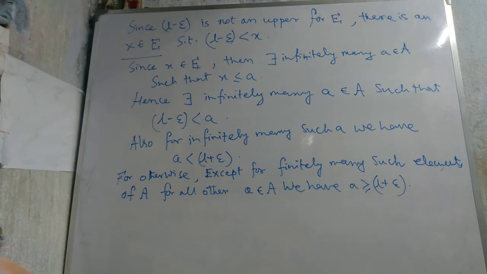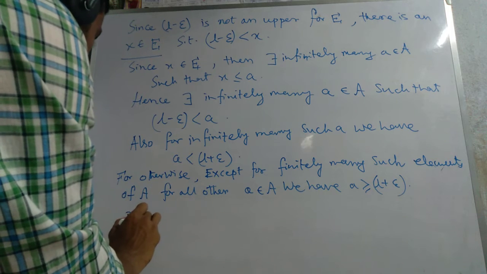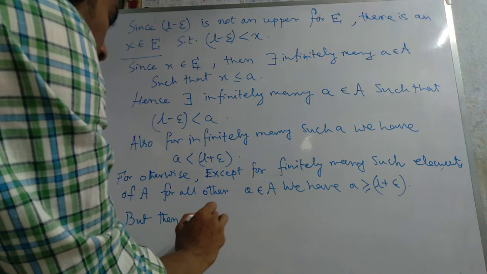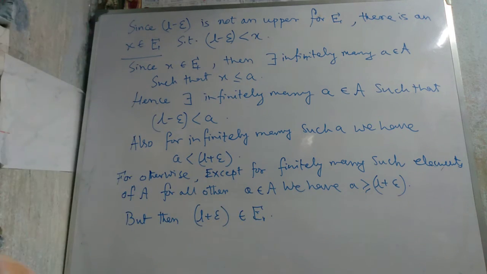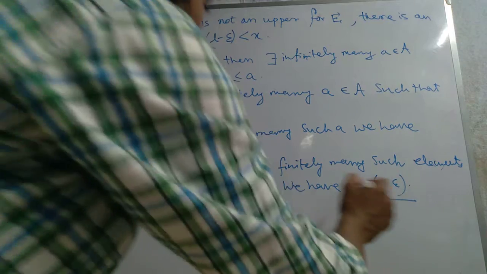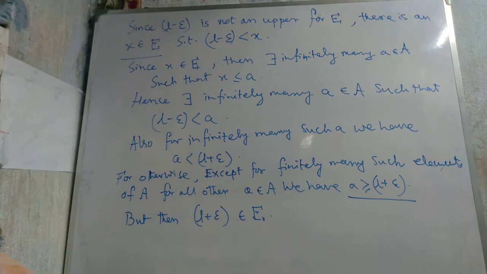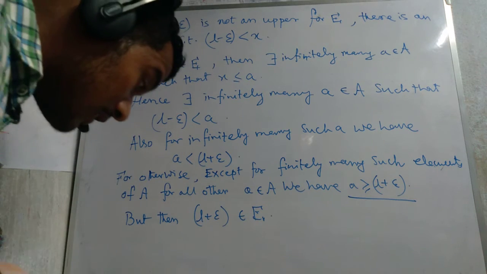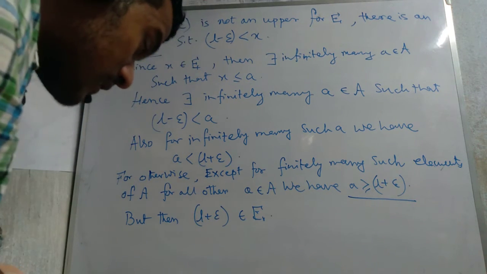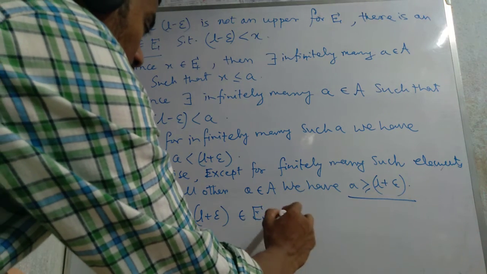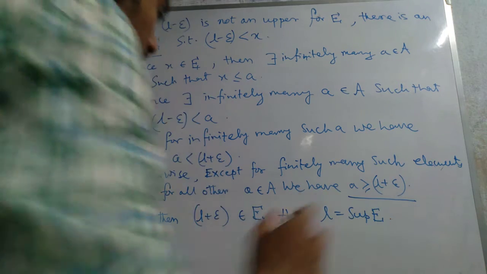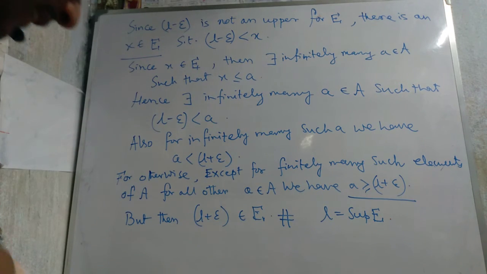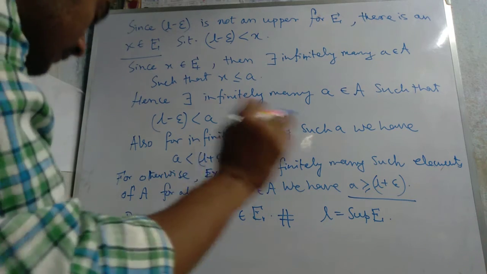But then L + epsilon belongs to E, since if this happened, then L + epsilon is less than a, which means L + epsilon belongs to E. So this contradicts the fact that L equals the supremum of E. Then this can't happen.